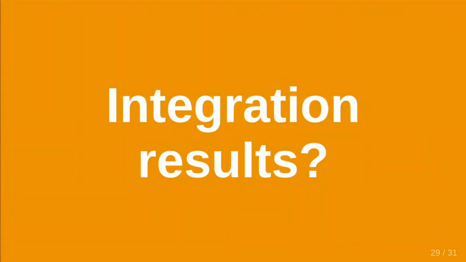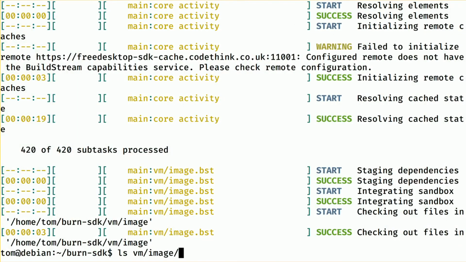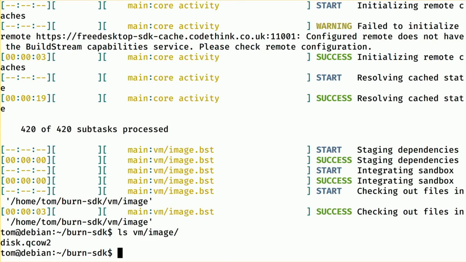Oh, yeah, thank you. I hadn't forgotten. We did an integration, didn't we? How was that going? Right, that's completed. We now have a VM image sat there to use.